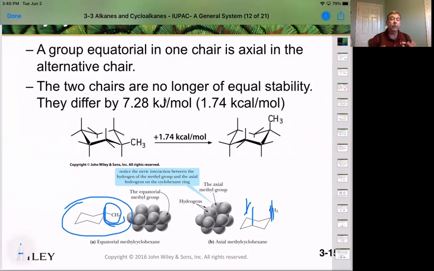So this is one of the few times where one chair conformation is more stable than the other, because we have a larger group than hydrogen on the cyclohexane. That's the only time we'll see a favor of one conformation over the other, is when we start adding large groups to the system.